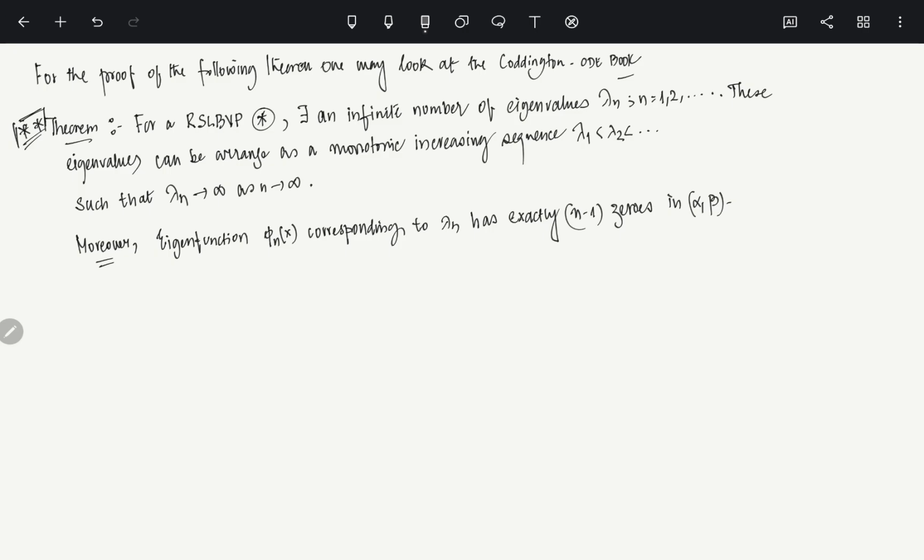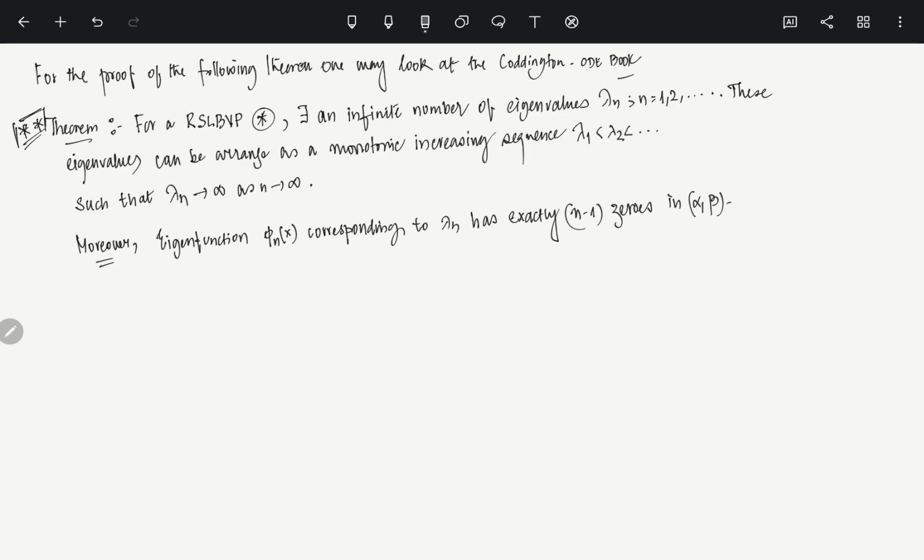Again, I am not proving the theorem, and if you want, you can go through it using the Coddington book, not the Levinson book. Now let's look at some examples of singular Sturm-Liouville boundary value problems. For regular Sturm-Liouville boundary value problems, we have some good ideas.